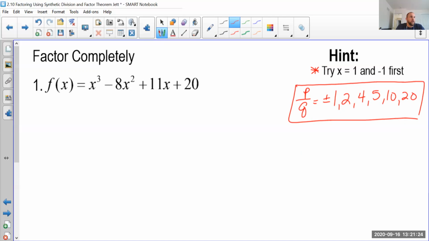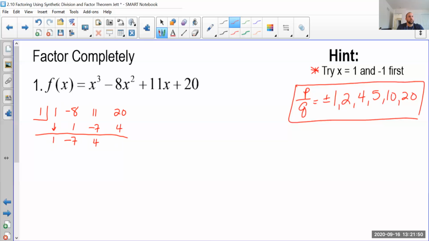So let's find out if 1 is actually a factor here. Okay, so we have 1, -8, 11, 20. Bring down the 1. 1 times 1, -7. -7 is 4.